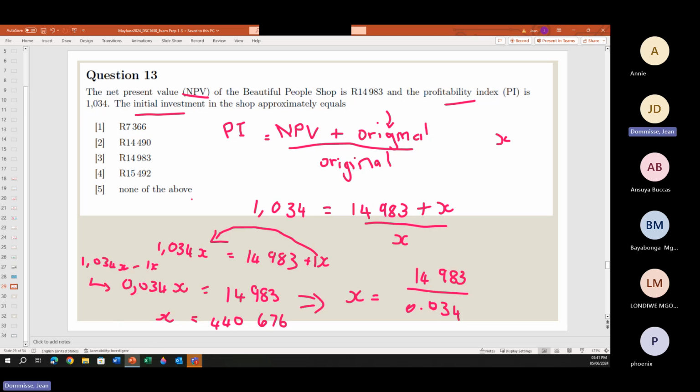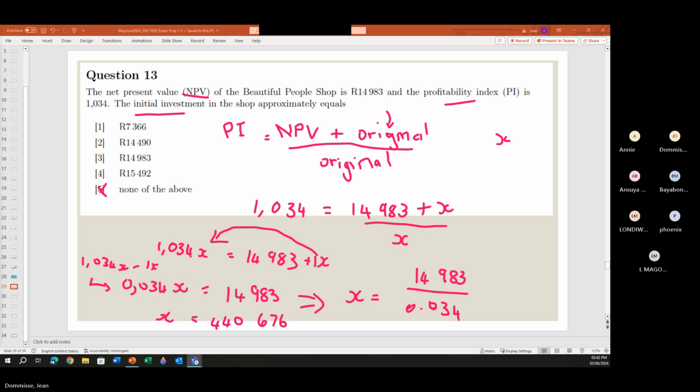Okay, I hate it when it is like this and there is not an answer for this. Okay, cool. Like I said last time, they've moved away from having these none of the above questions, because it really doesn't make sense to ask a question like this and you don't even get close to the answer.